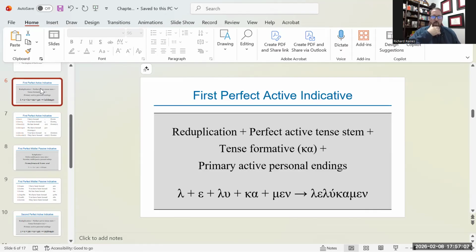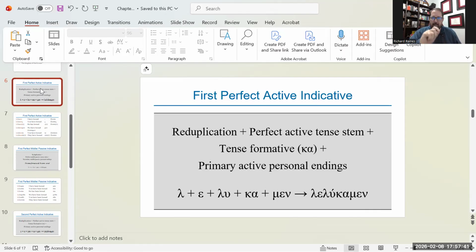And so we're adding a reduplication to that, which is going to be a reduplication of the first consonant, in this case, plus an epsilon, plus the stem, plus a tense formative, which is kappa alpha, and then the endings. So you're going to look for clues when you're trying to identify the perfect tense.